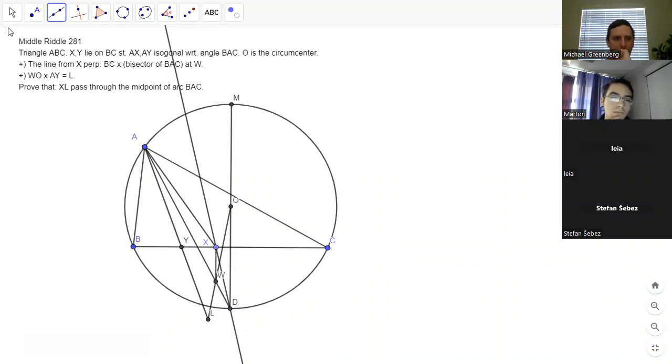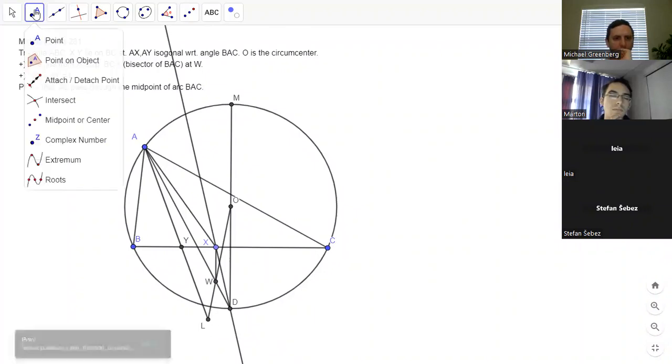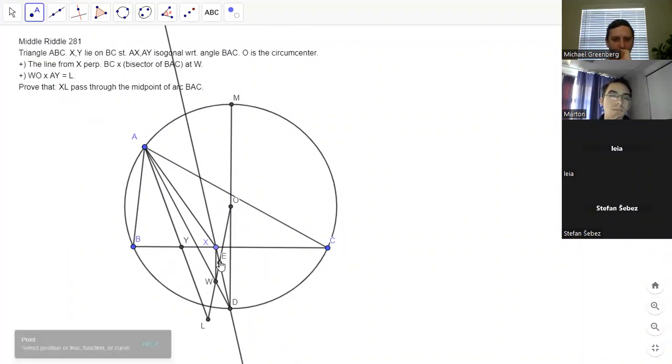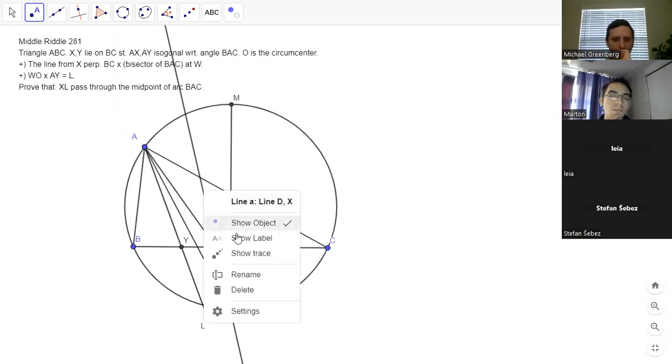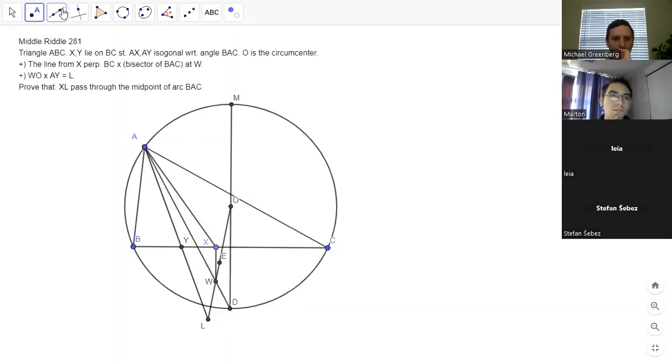Okay, so let me draw that. We want to show that X, L and M are collinear, right?